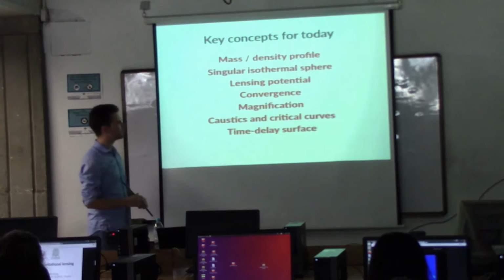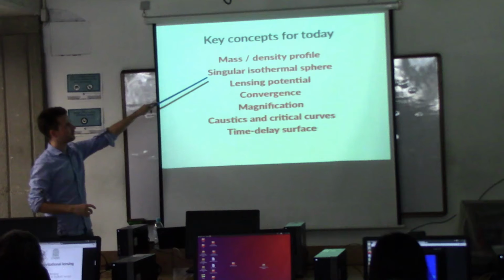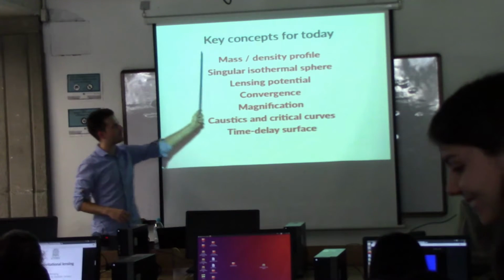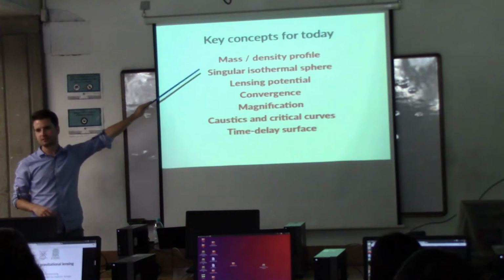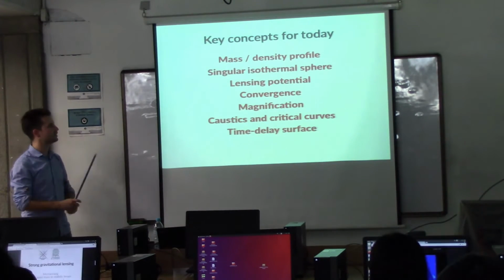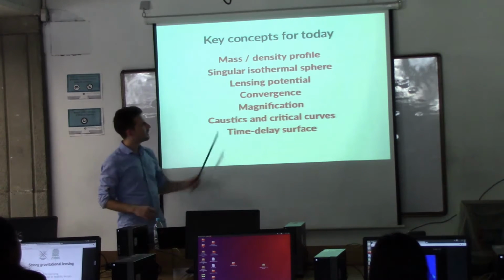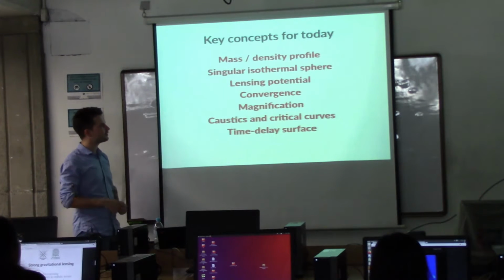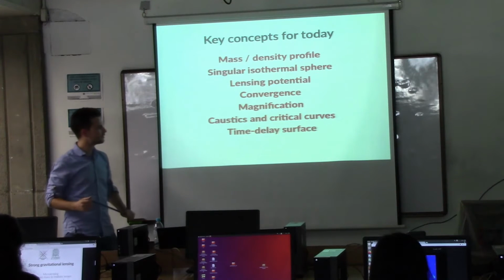So today I'll cover a few additional topics. I'll talk about how galaxies are not point-like, so they have some density profile. I'll talk about a density profile that's been pretty useful for easy calculations and actually works pretty well in real life. I'll introduce lensing potential, talk a bit about convergence, and a bit more about magnifications.